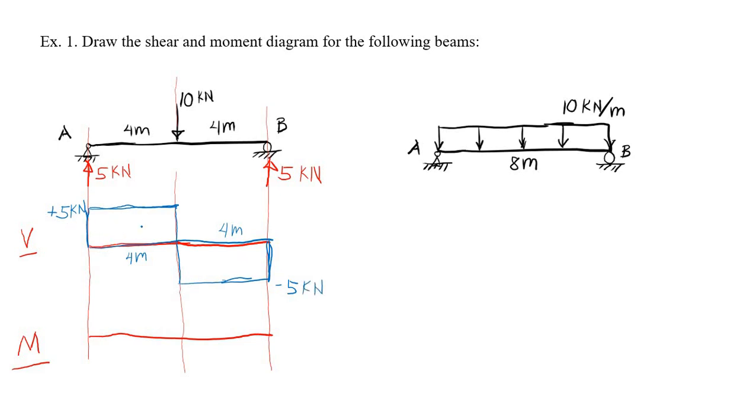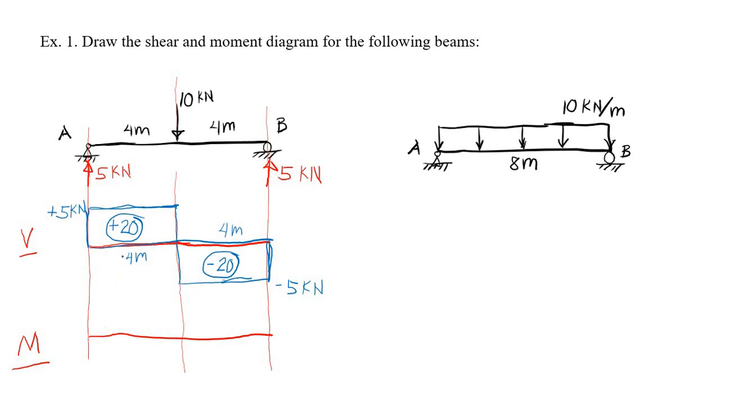The area for this shear diagram, we have 5 times 4, which is equal to 20, positive 20, since this is above 0. And we have 4 times negative 5, so the area is negative 20. Okay, we now have drawn our shear diagram.